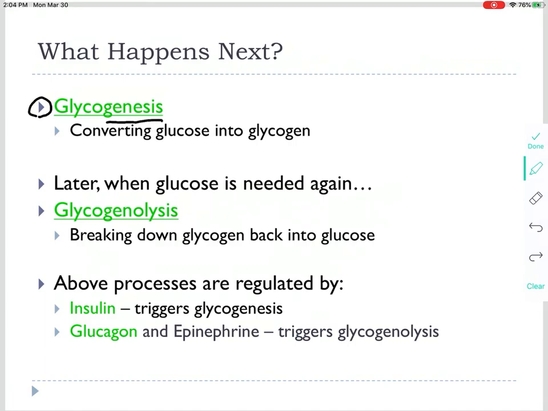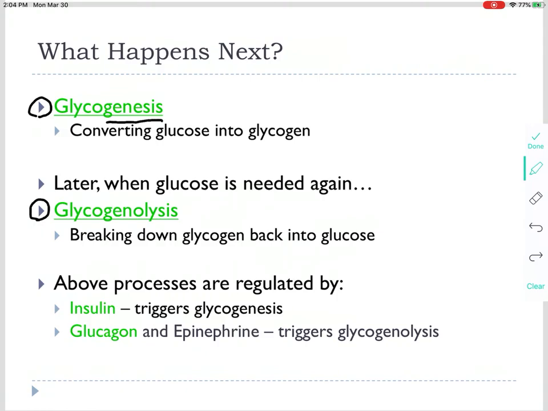I think about this word, I break it down. Genesis means the production or beginning. Think of the first book of the Bible, to produce. And glyco means glycogen. So if I'm producing glycogen, or the beginning of glycogen, I'm storing glucose as glycogen. The alternate process where I break down glycogen back into glucose is glycogenolysis.